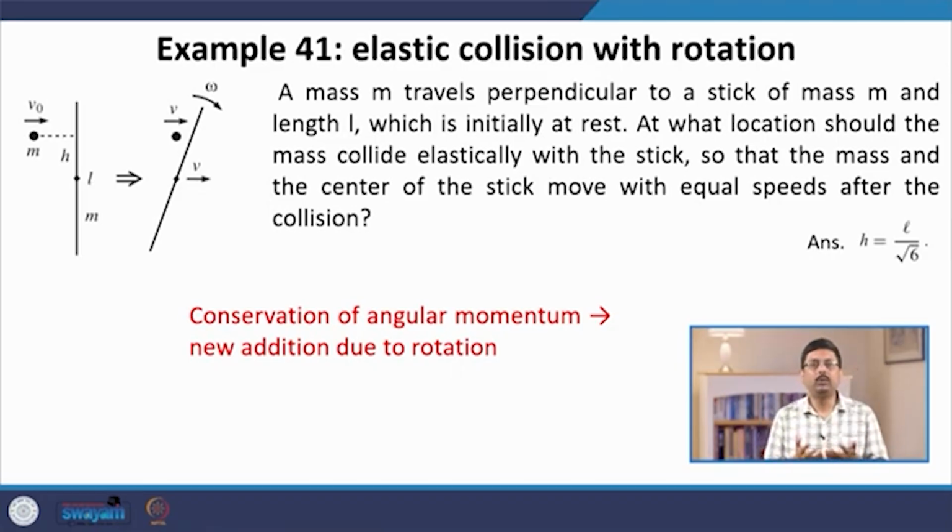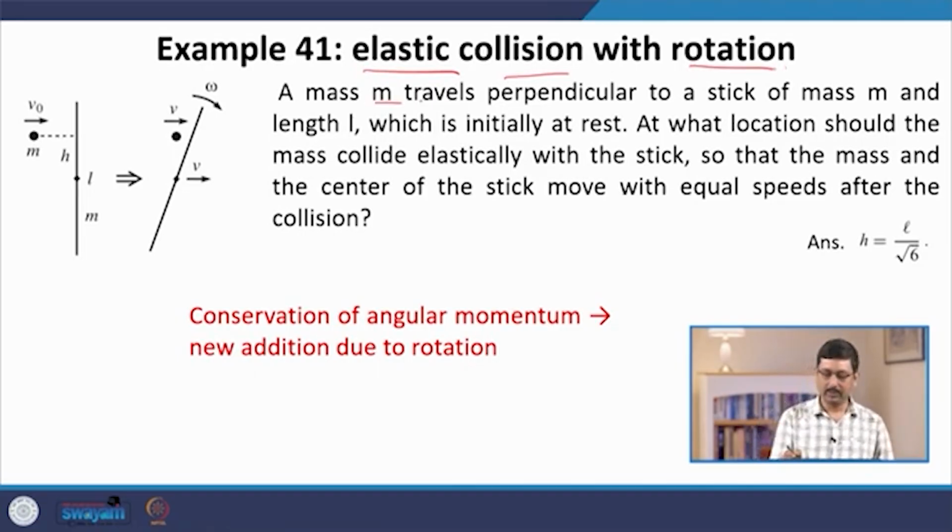The typical example that I have in mind is something like a ball hitting a bat. So, this is a simplified version of this problem. This is an example of an elastic collision with rotation.